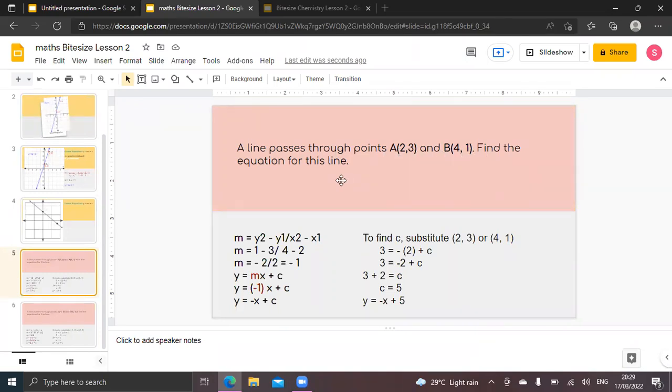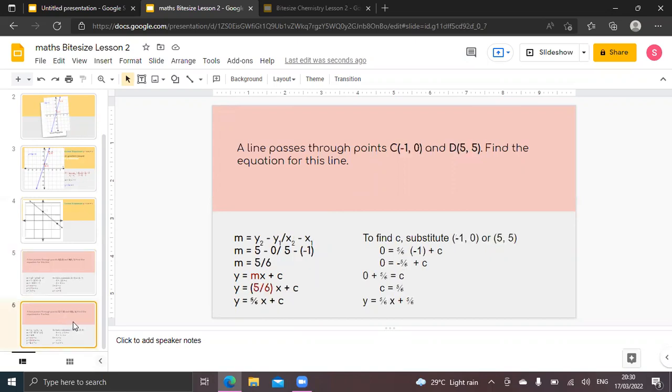Find the equation for this line. One might say I may plot this graph, but if they didn't ask for the graph, there's no need for that. Can you find the equation of the straight line without plotting the graph? Yes, you can. You have to use the formula.